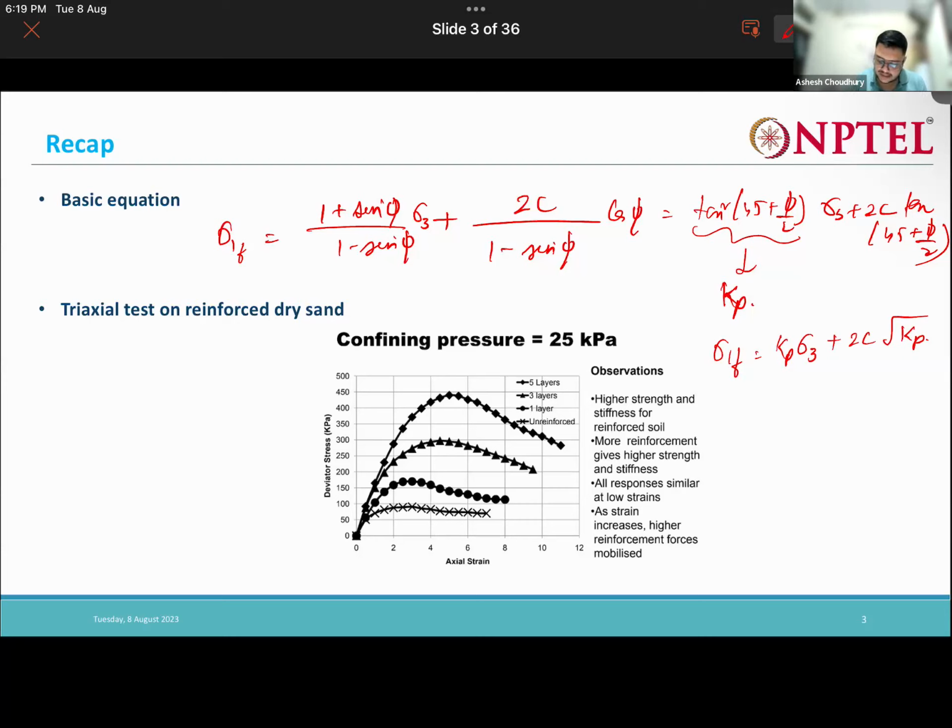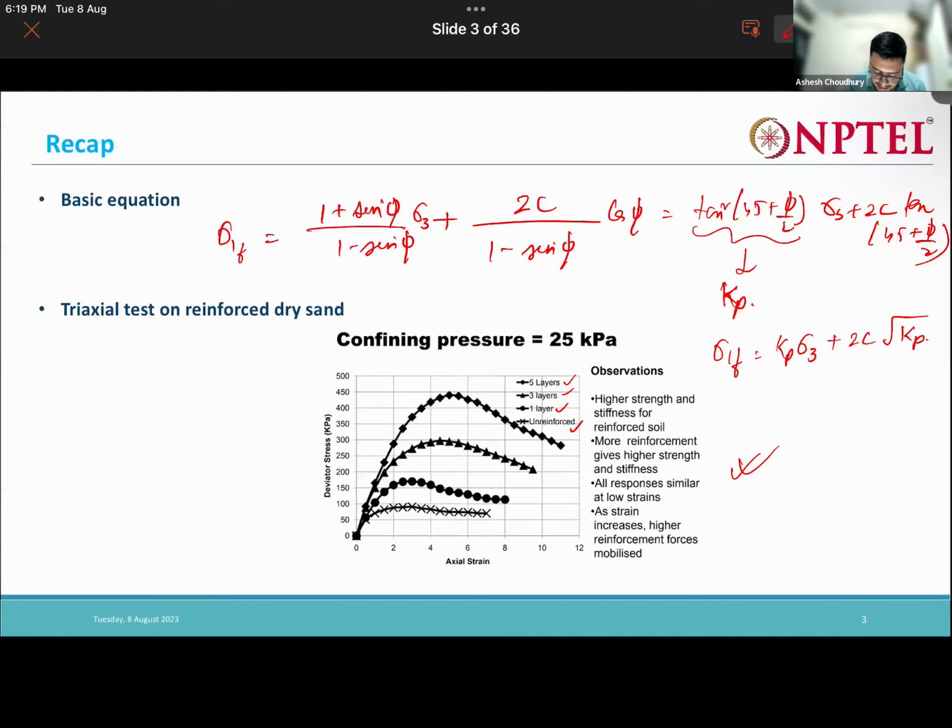Okay, so if we see this stress result, we have tested many soil samples. We have tested the unreinforced soil sample, and then we have reinforced the soil with single layer of reinforcement, 3 layers of reinforcement, and 5 layers. So obviously, intuitively, we can say that if the number of reinforcement is more, the strength of the soil will be more.